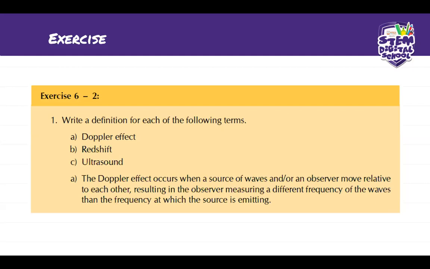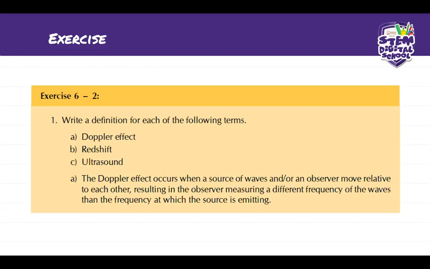So what do we know about the Doppler effect? We know that the Doppler effect occurs when a source of waves and/or an observer moves relative to each other, resulting in the observer measuring a different frequency of waves than the frequency at which the source is emitting. I hope that makes sense to you guys.